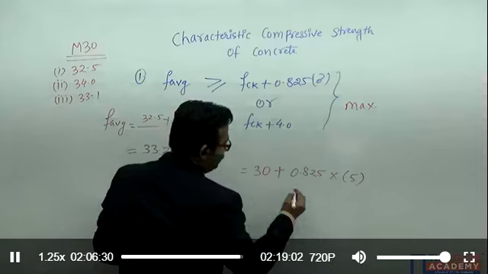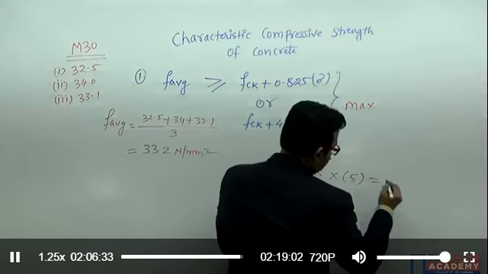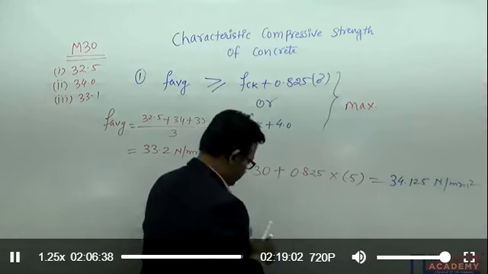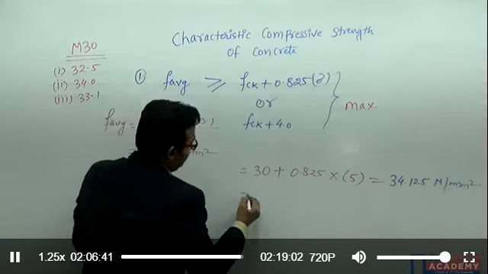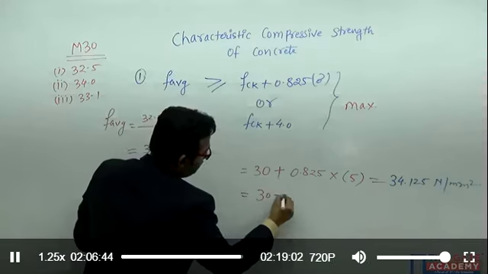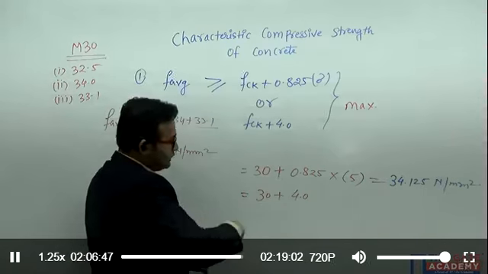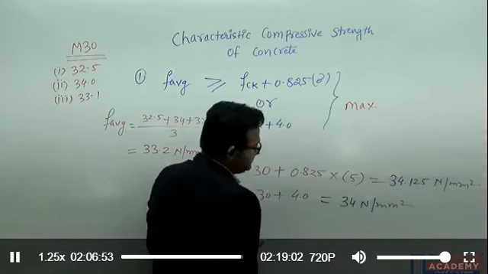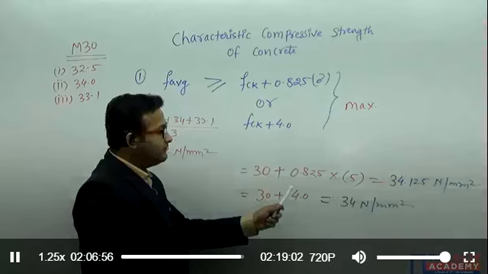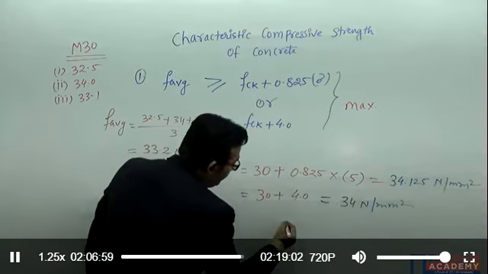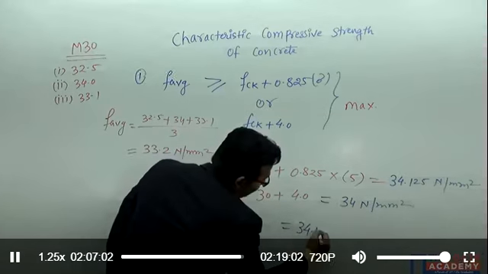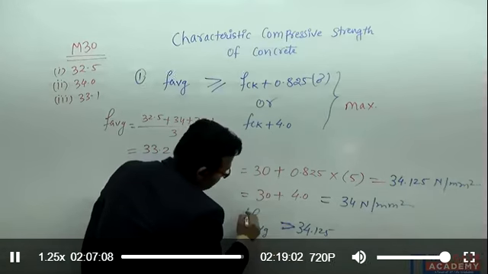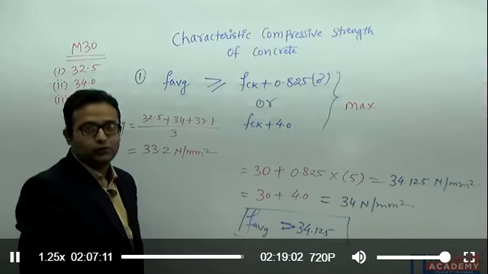Here I am getting the value equal to 34.125 Newton per mm square. If I calculate fck plus 4, here I am getting the value equal to 34 Newton per mm square. So out of these two, the maximum value is 34.125. Your f average should be greater than 34.125 Newton per mm square.